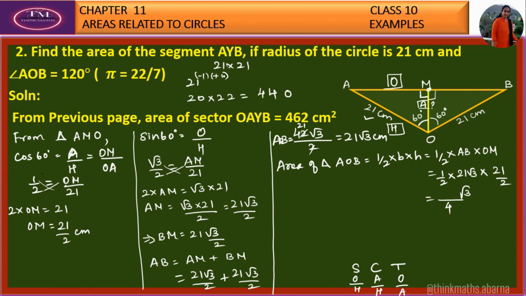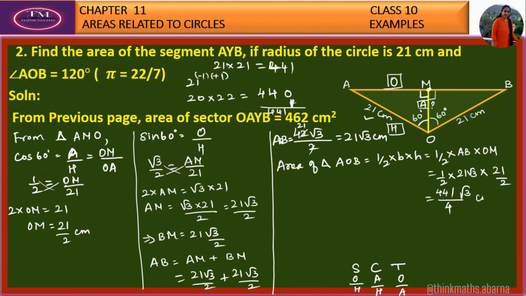What number did we subtract and add? We added 1. What is the square of this? 1 square is 1. So adding this we get 441. So 21 square is 441. So 21 into 21 is 441. So it is 441 root 3 by 4.